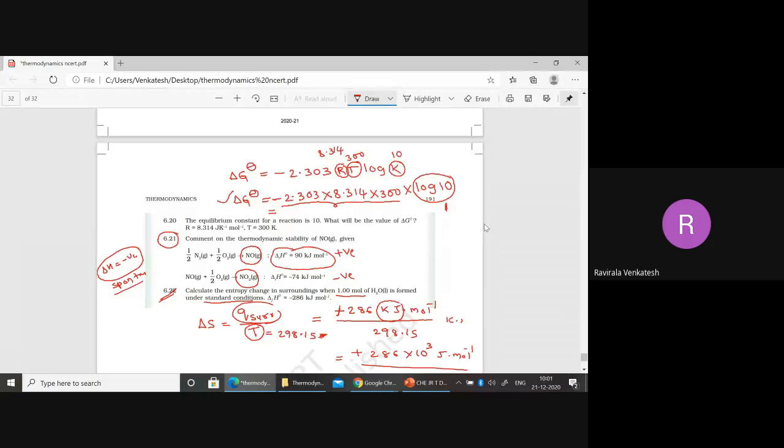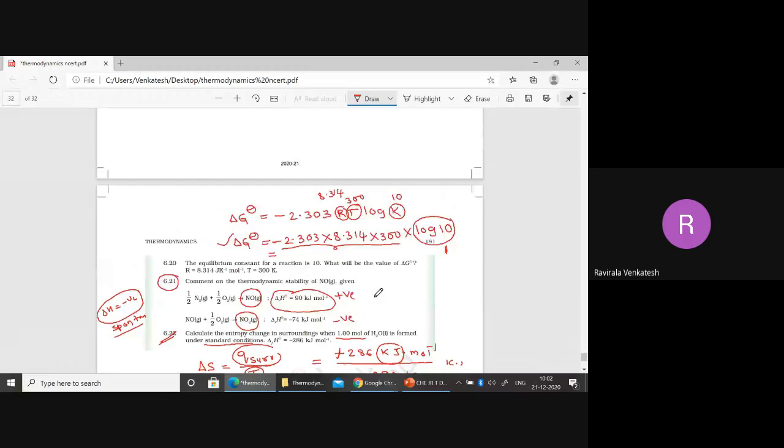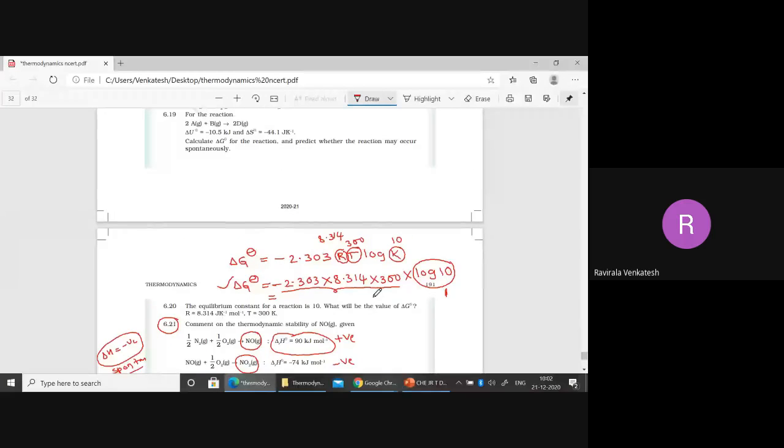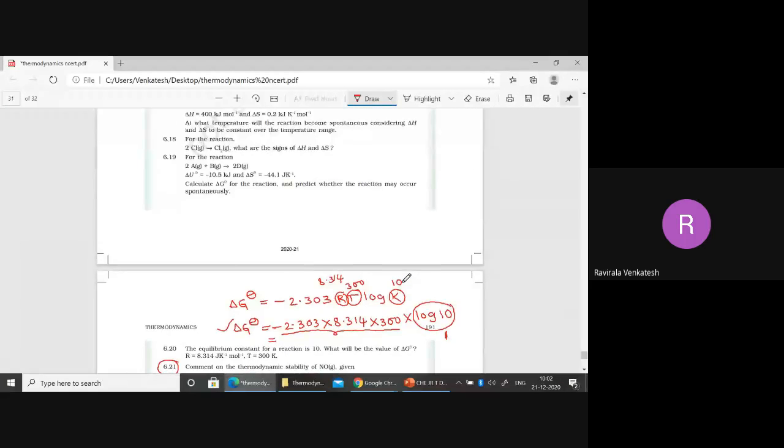So very simple problems only you will get in the examination. So you have to remember the formulas. So today what is your homework, beta? Today, Monday, what you have to do? Solve whatever solved problems, try to solve everything. And write all the formulas on one page.